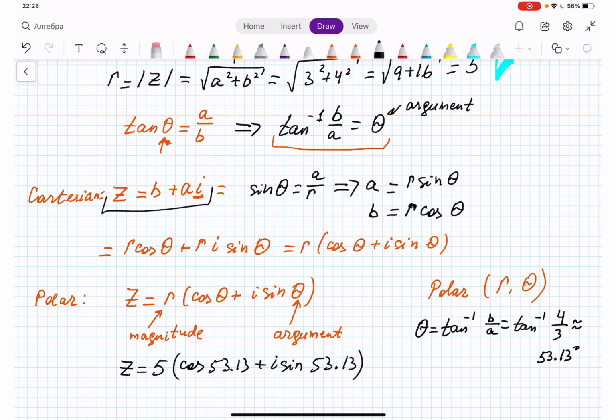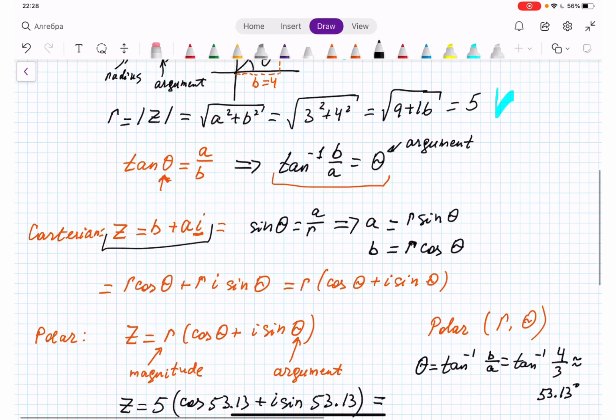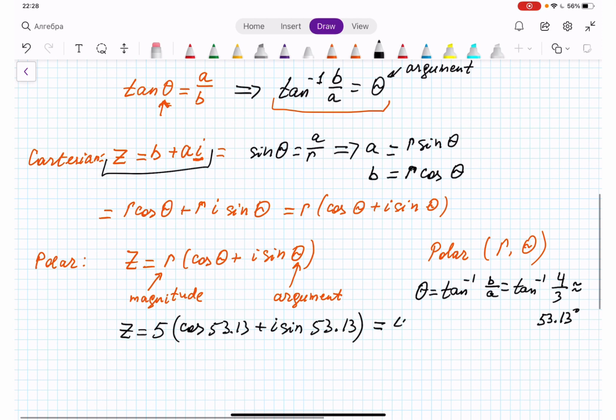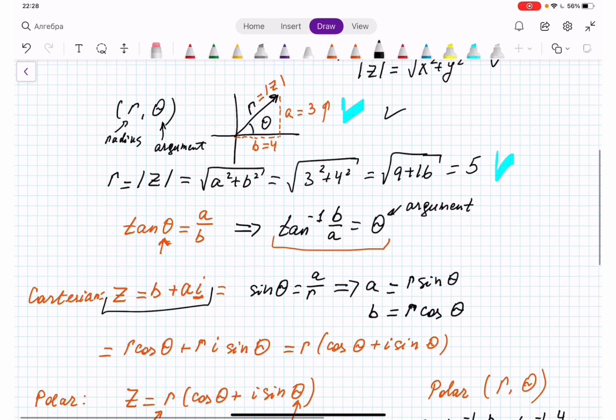If we want, we can calculate it, right? Take the calculator and find out how much cosine 53.13 and sine 53.13 are, which is going to be equal to the Cartesian format. How much is it? 4 plus 3i, right? 4 is the real portion and i is the imaginary portion, which is 3.